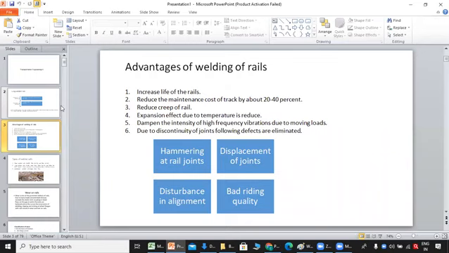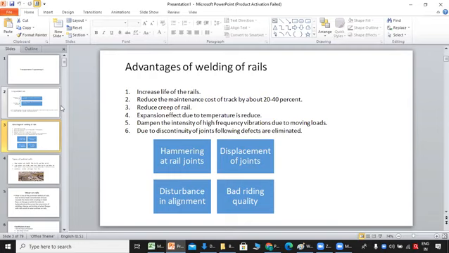Next, the expansion effect due to temperature is reduced, and the intensity of high frequency vibration due to moving load is dampened. If we use the fish plate, the vibration will be resisted by the joint and fish plate, and there is a chance of damaging the fish plate and rail ends.